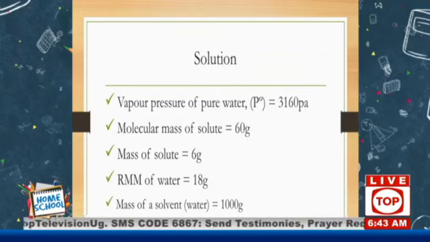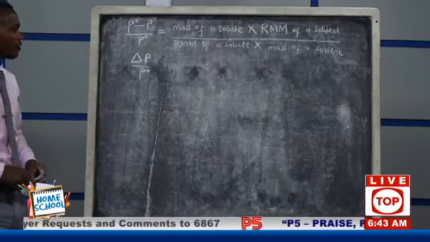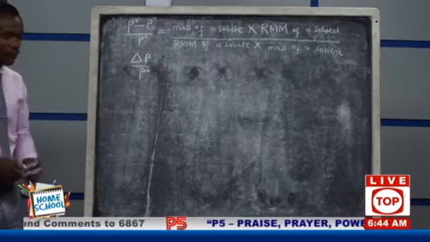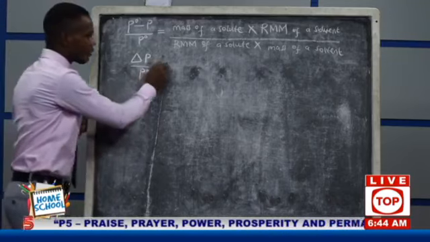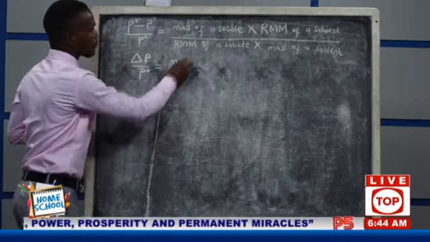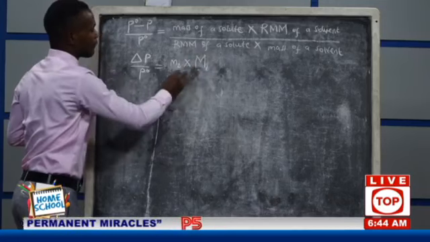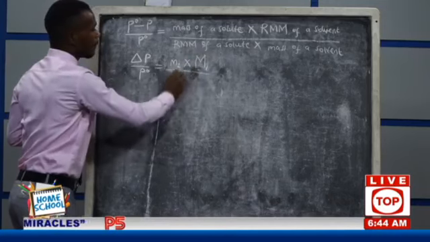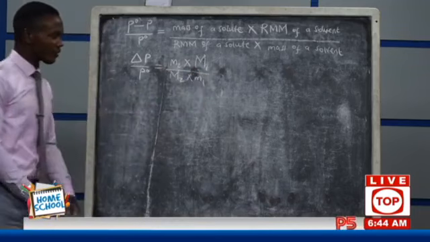Don't forget that the decrease in vapor pressure equals the vapor pressure of the pure solvent subtracting the vapor pressure of the solvent above the solution, or the vapor pressure of the solution. That is the lowering. So it is equal to mass of the solute times molecular mass of the solvent divided by molecular mass of the solute times the mass of the solvent.